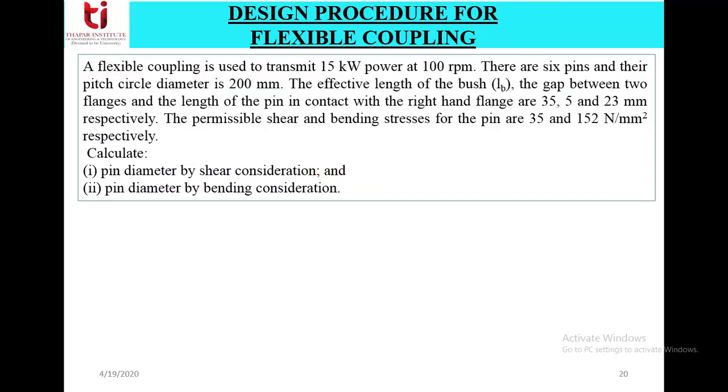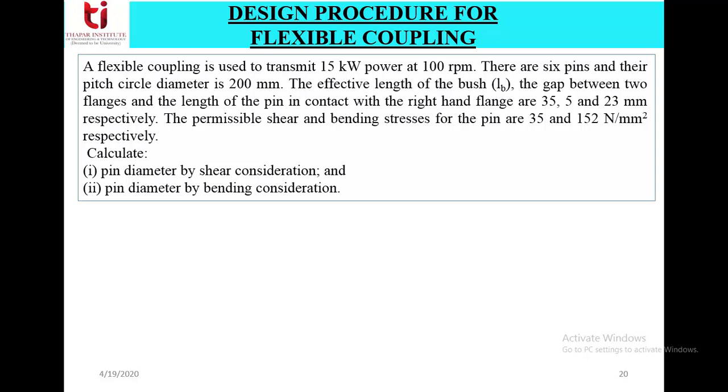Let us say you have a flexible coupling and it is required to transmit 15 kilowatt power at 100 rpm. So at first instance, rpm is known to me, power is known to me. That means I can always get the torque transmitted, right? So power is equal to 2 pi NT by 60. There are 6 pins.